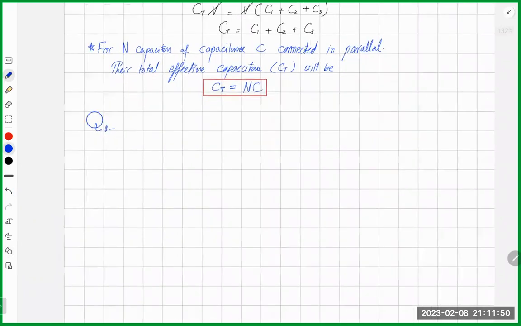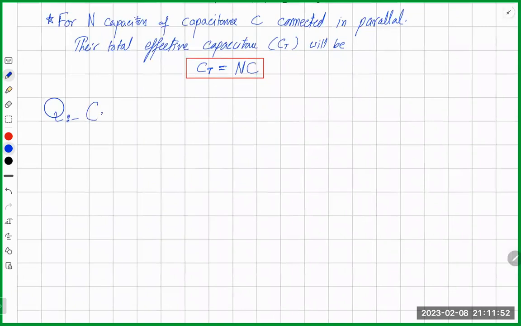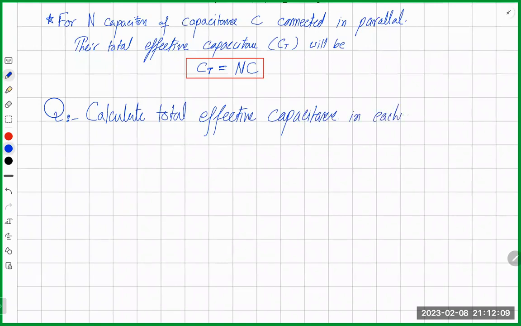Question. Calculate total effective capacitance in each circuit.